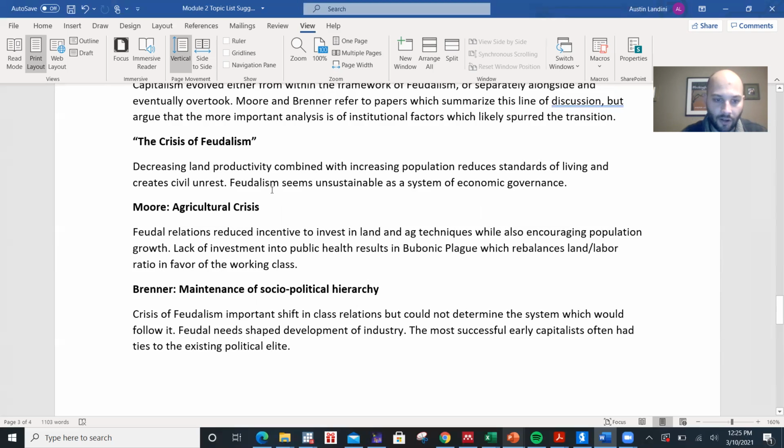Brenner is arguing, alternatively, that the transition to capitalism was marked more by the maintenance of this socio-political hierarchy. So first of all, the feudal needs seem to have shaped the development of industry. Brenner gives some examples of industries in France as being shaped by feudal needs, especially the wool industry in a particular place.